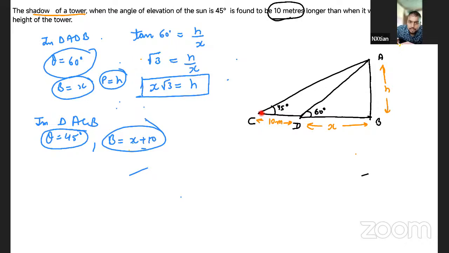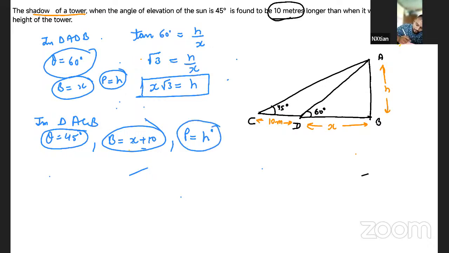In this big triangle, theta is 45 degrees, and the base will become CB, which is CD plus DB, that is x plus 10. The height, or perpendicular, will be the same, which is h.